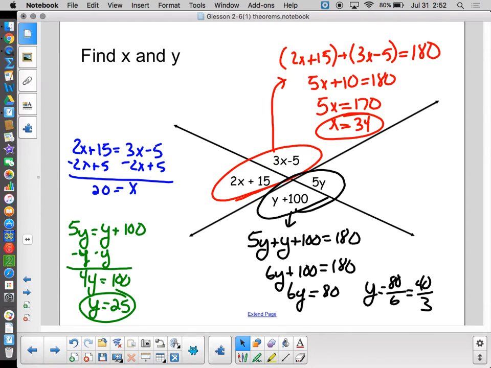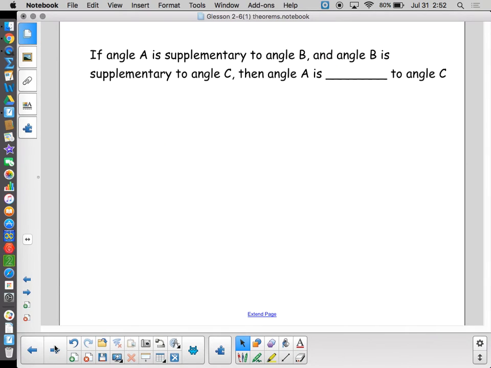Before you start to set things up, don't just slap things equal to each other. Don't just add them up to 180. You've got to decide what's going on in the picture before you make your decision and set up your equation. That's really important. And this is a great example of how just flipping two little algebra expressions around on the diagram gave us completely different situations. It would be easy to have one of each problem sitting right next to each other in the homework or somewhere else.